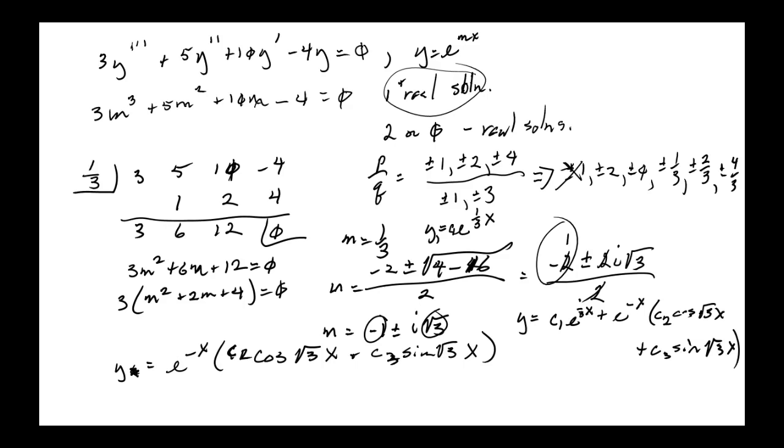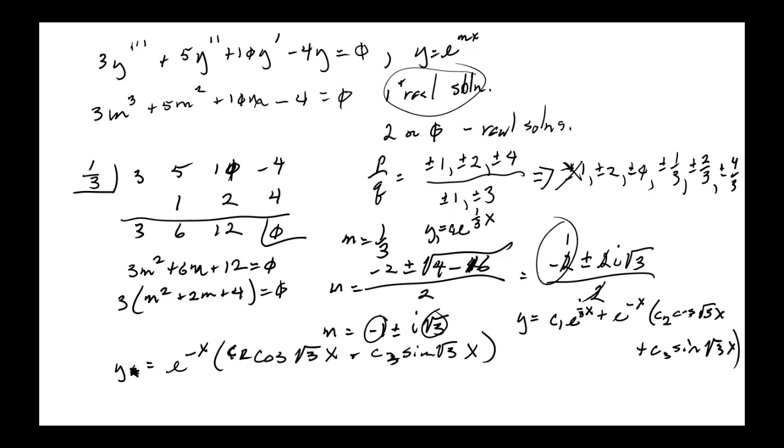Okay? Remember, Descartes' rule of signs said you're going to have one real solution. There it is. That was your 1/3. M equals 1/3. Your negative real solutions were either going to be 2 or 0. We found 0 negative real solutions.